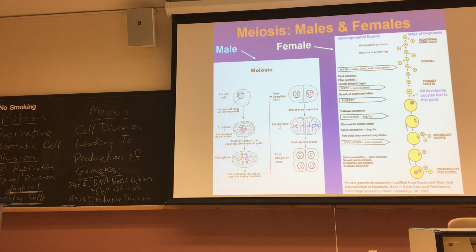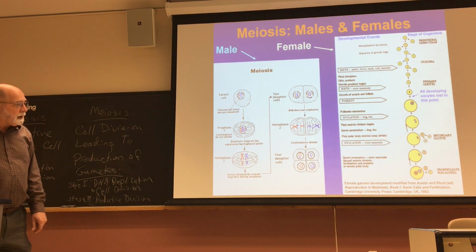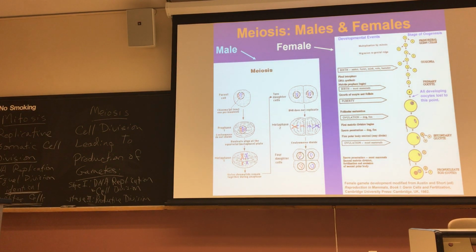You get crossing over occurring, and then you halt the progression of meiosis 1 prior to birth in most animals, and you don't resume it again until the conditions are appropriate, both hormonally, nutritionally, and developmentally, for that oocyte to resume growth.